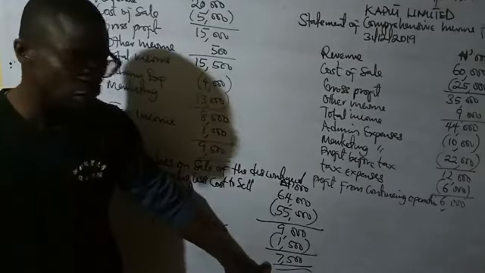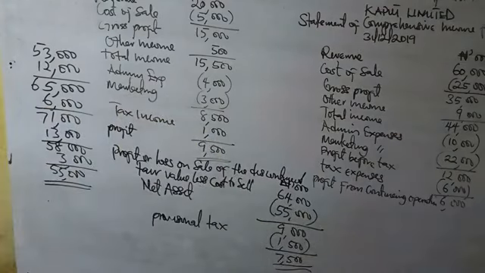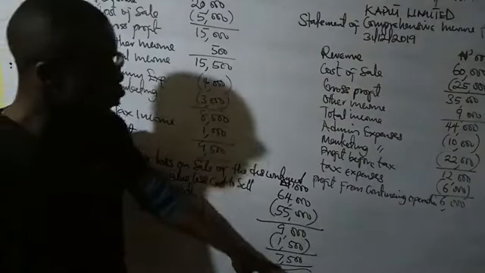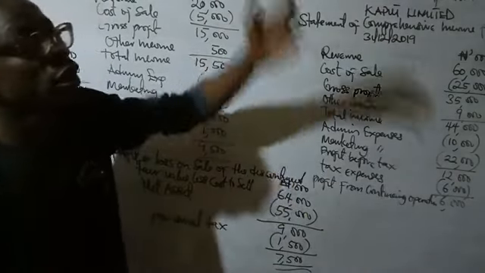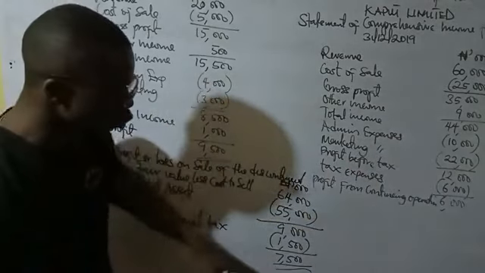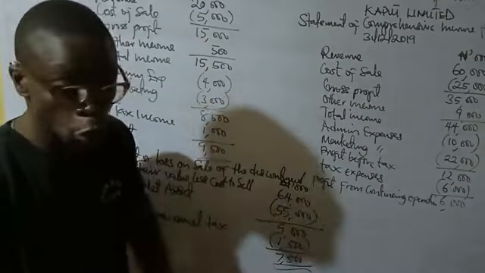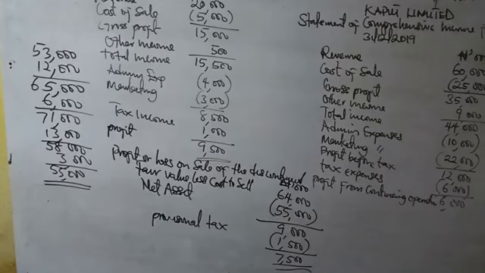And when the discontinued operation was closed and sold, they made a profit of 7.5 million. So what will be the total profit they have made now? You add both together.